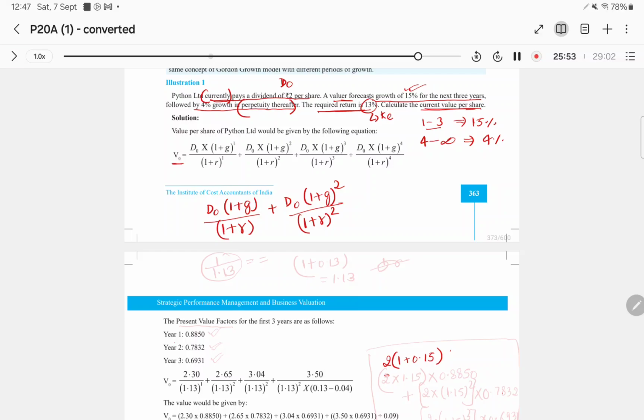So what you will do in the calculator, see what is 13%. Basically you take 1 plus 0.13, it is 1.13.